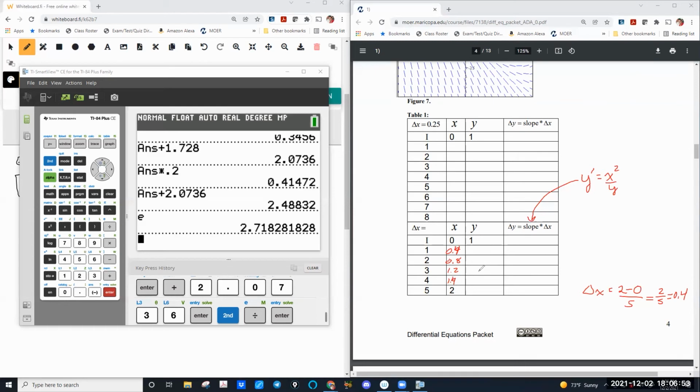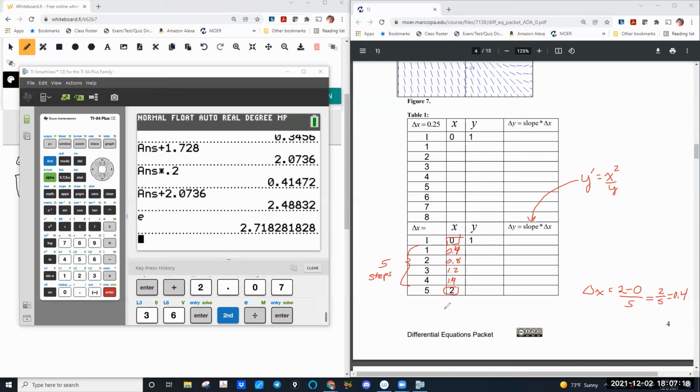I'm only going to do a couple on this one. The reason it's 2 minus 0 is that we need to end at 2, and we're starting at 0. So that's where the 2 minus 0 comes from, and then we had 5 steps.